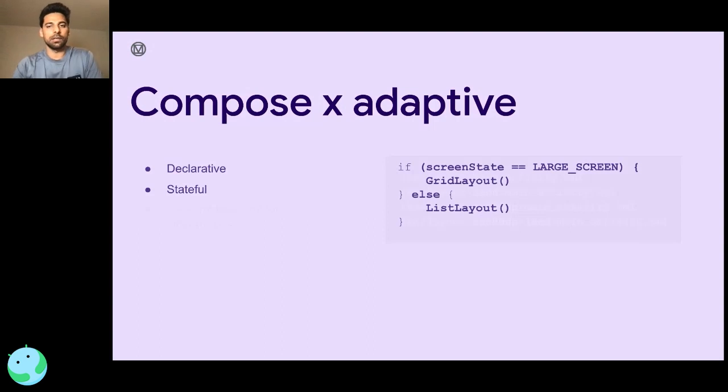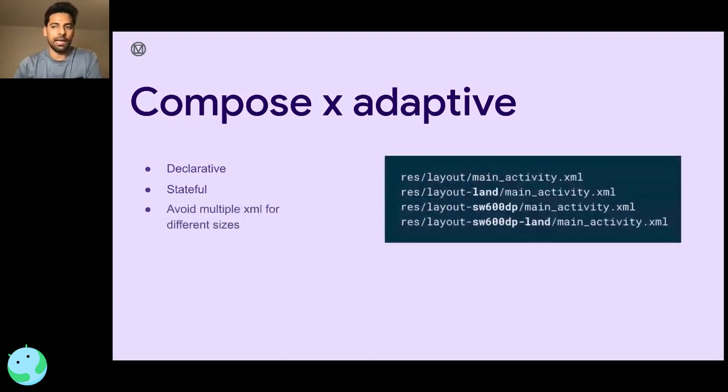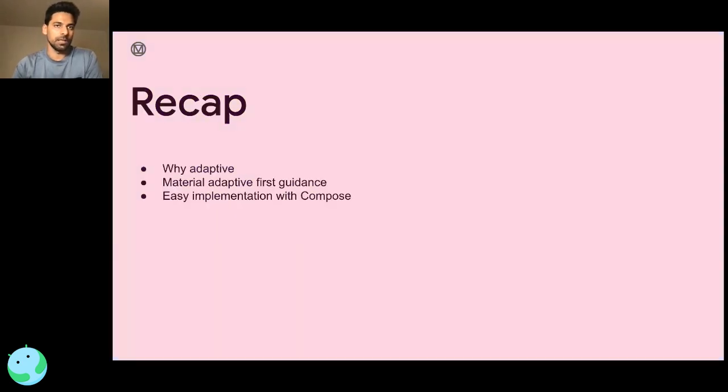Compose does not use any layout XML for designing the UI, saving us a lot of work maintaining multiple layout files for different screen sizes and orientations, which has been growing with time. Now we've seen what tools like Material, Android, and Compose offer to help us make adaptive apps. How can we get started and make our current app adaptive?